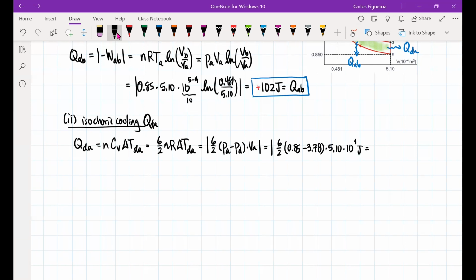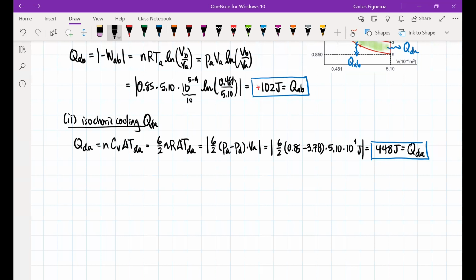And when I compute that number, remember, this is a positive quantity. I'm going to get 448 joules, and this will be the heating at DA. And again, this is a positive quantity.